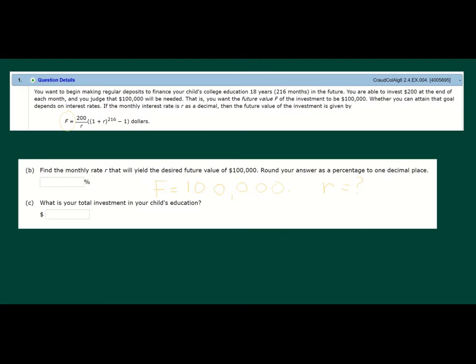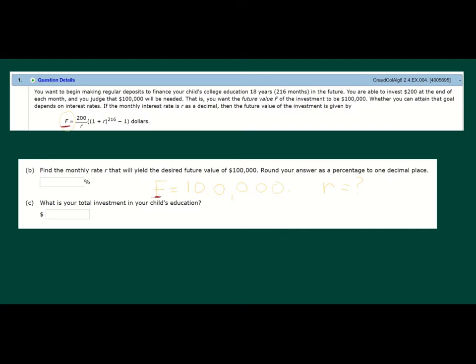When you're working these problems, what you need to recognize is that we have a function which has been solved for one variable, and then we're told what that variable is equal to. So I have F equal to 200 over R times (1 plus R) to the 216th power minus 1, and F is equal to $100,000.